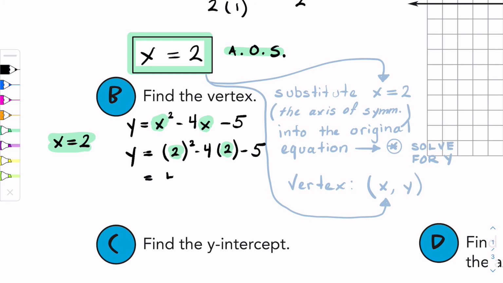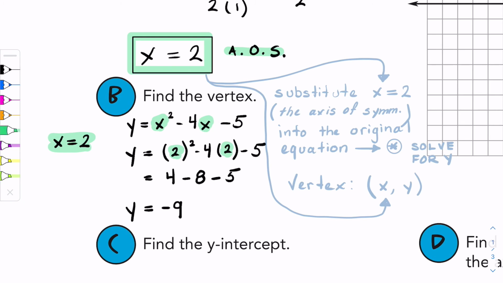Two squared is 4. 4 times 2 is 8, so minus 8, minus 5. 4 minus 8 is negative 4. Minus 5 again is negative 9. That tells us that y is equal to negative 9.